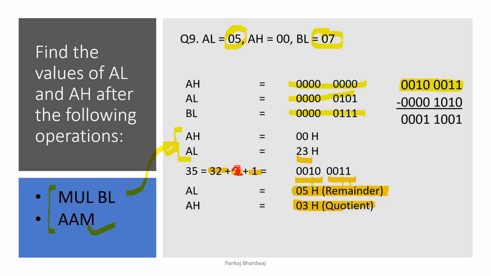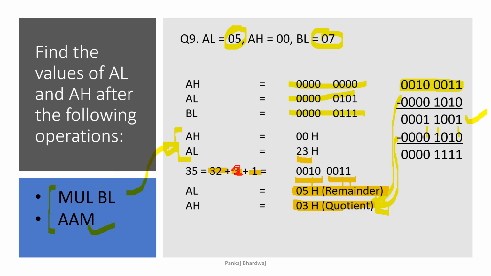We subtract 10 from the digit and we increase the quotient by 1 because we subtracted once. So this 35 minus 10 will give you 25. 16 plus 8 plus 1, 25. As the number is greater than 10, we need to subtract 10 once again. So another 10 is subtracted and this increases the quotient. So the second time we subtract, the quotient will be 2.